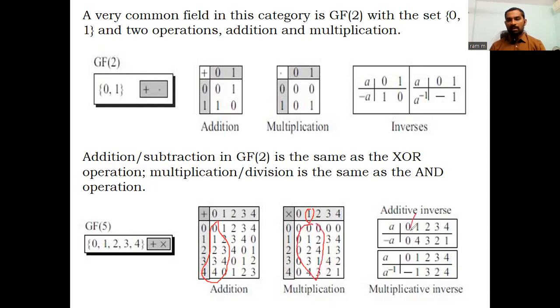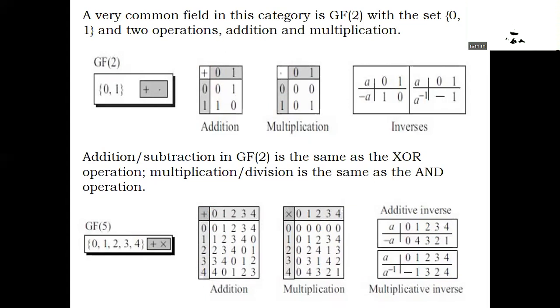Every element has an additive inverse. Now, 0 should not have a multiplicative inverse, because 0 is the identity element in the first operation. Apart from that, everything has an inverse with respect to multiplication. So this is also a finite field.